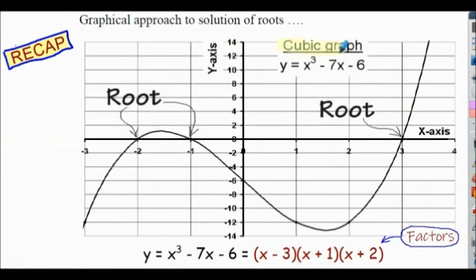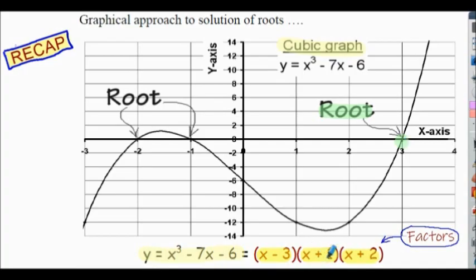And the same for a cubic graph shown here, or the cubic equation, y is equal to x cubed minus 7x minus 6. We have three factors, x minus 3, x plus 1, x plus 2. So we can see that the factor x minus 3 would equate to a root of positive 3, shown here.